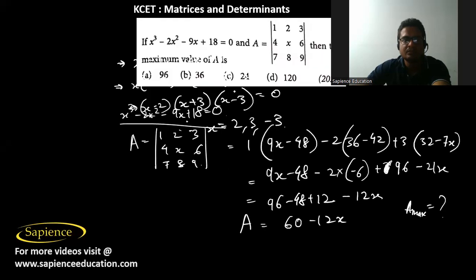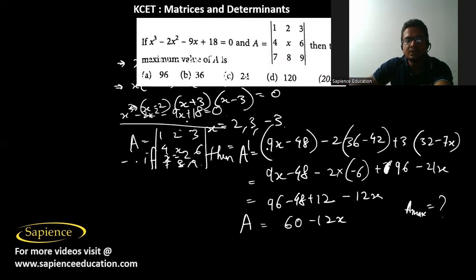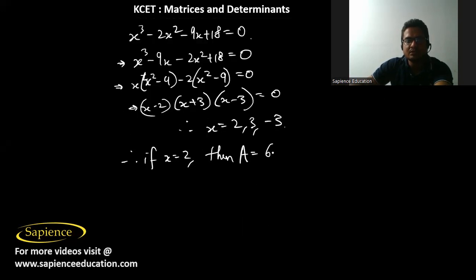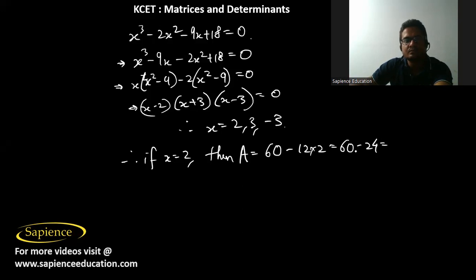So then we have to find the maximum value of A. If x equal to 2, then A is equal to 60 minus 12x, so 60 minus 24, that is equal to 36.